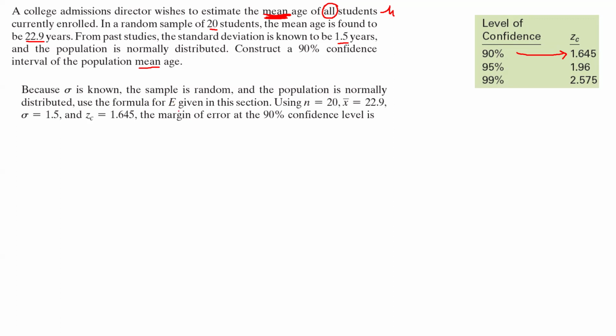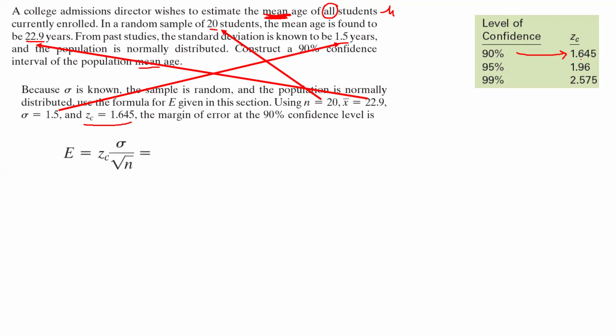Use the formula for the margin of error, and n is 20. They randomly selected 20 people, and they found the average age to be 22.9 years. Sigma is 1.5. Sigma is population standard deviation. And as you know, since you have 90% level of confidence, critical value is 1.645, which is just right here.